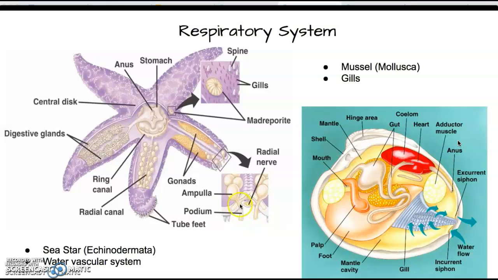These tube feet have little suction-like projections at the very end of them, and these allow the water to get sucked up through there and go through the radial canal, which is right over here. It goes alongside this way and all the way up throughout the starfish, or sea star, sorry.